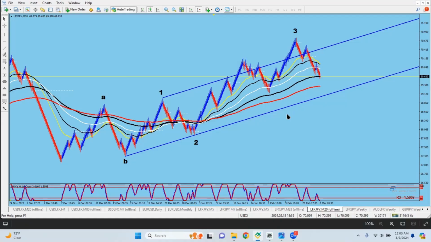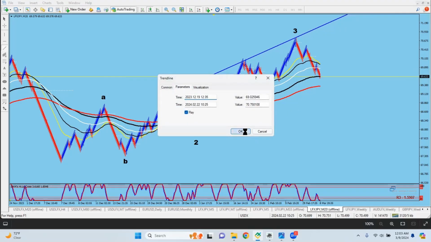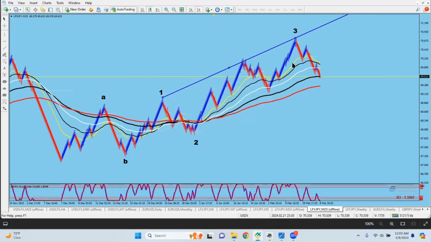We recreate the channel. We remove the current channel, then we draw the TL between the end of wave 1 and the end of wave 3, like this. And then we do the same thing: we take the parallel line. How do we do that?